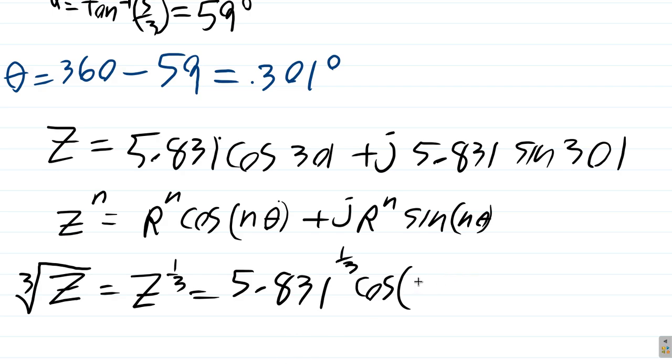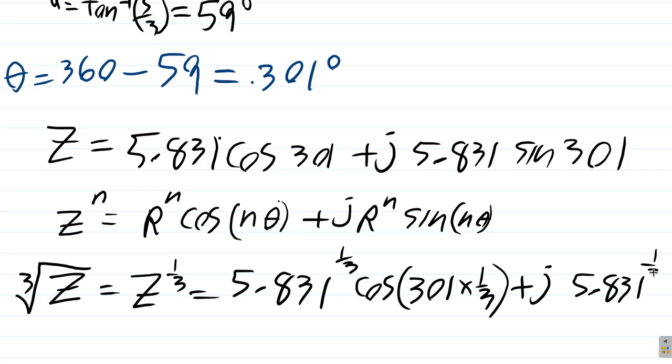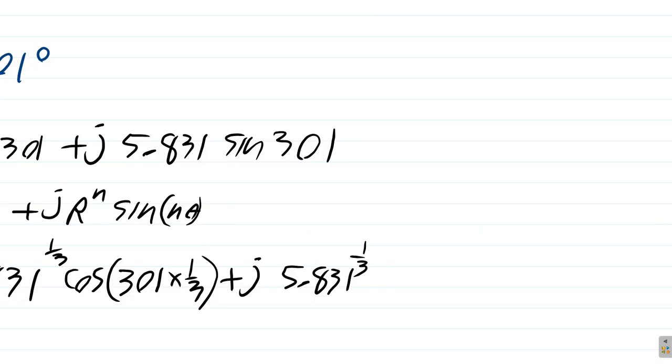Alright, kind of look smart. 301 divided by 3, or you could say times 1/3 since we're multiplying, times 1/3 plus j, 5.831 to the 1/3 sine, and then we have 301 times 1/3.